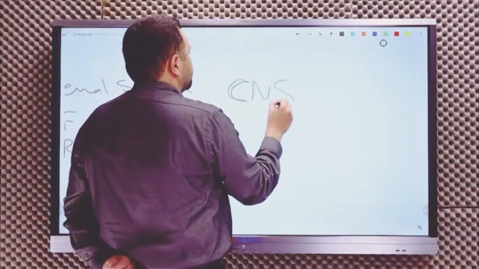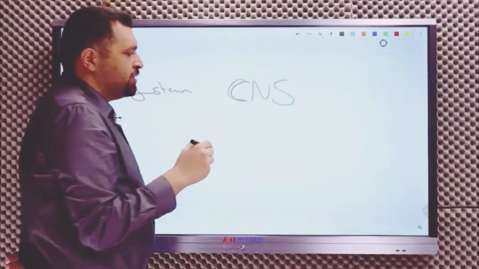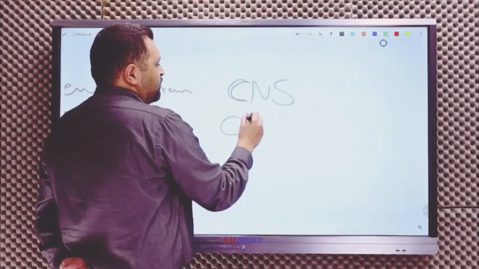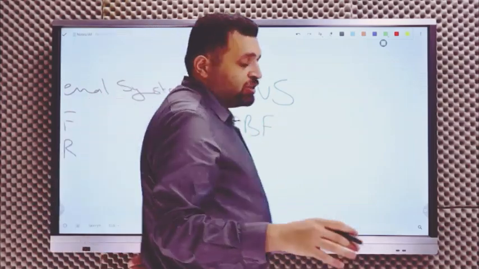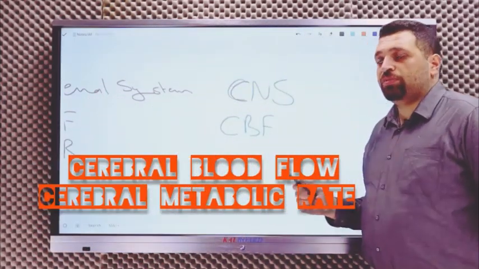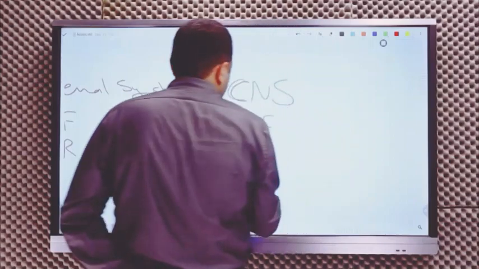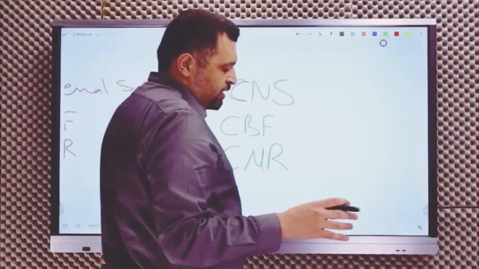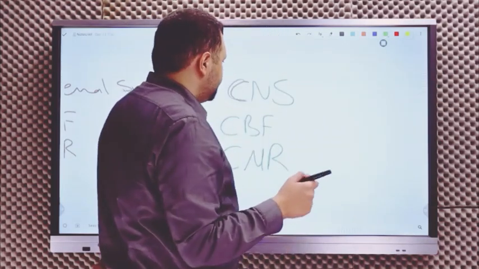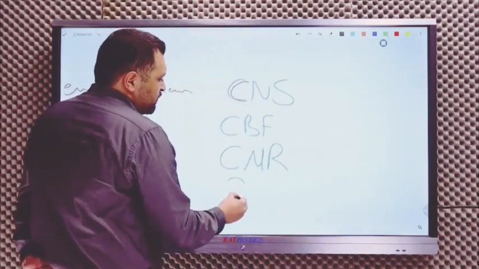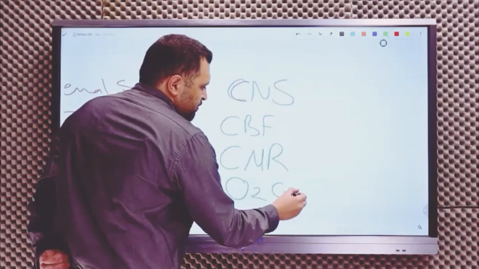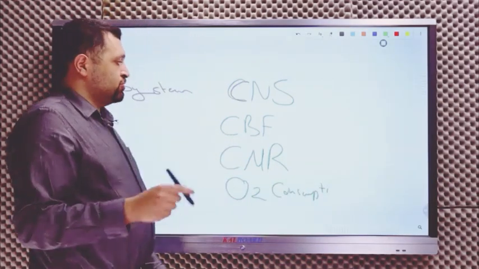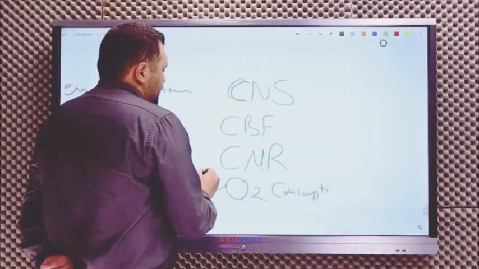CNS, we have many things like cerebral blood flow, which is the blood that goes to the brain, and we have the cerebral metabolic rate, which is how much metabolism the brain does, and we have oxygen consumption in the brain, which is how much oxygen the brain uses, and this is related to this.